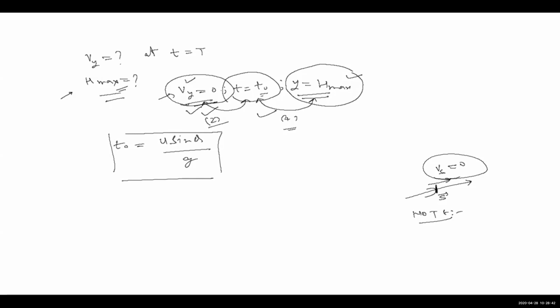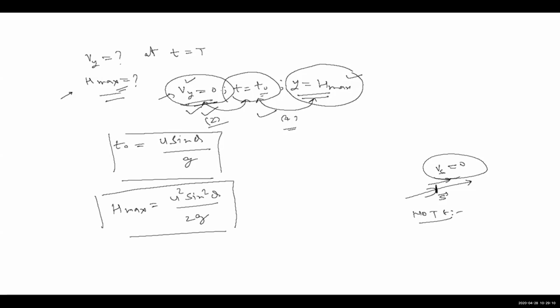Is y equal to u square sin square theta by 2g? Yes, it will also be 2g. Sorry. No, better check the calculation actually. When you calculate the h max, it will come out to be u square sin square theta upon 2g after solving. This will be the answer you will get.